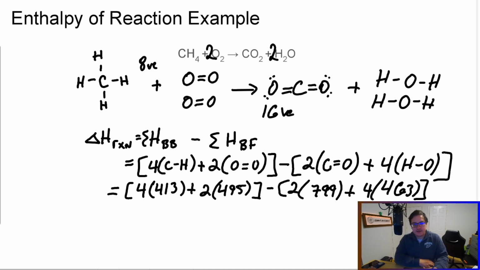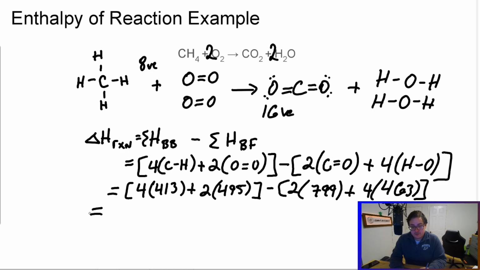Cool, we're looking good on time. We should be able to get all of these example problems done in 1 class period. So in parentheses, 4 times 413 plus 2 times 495, minus 2 times 799 plus 4 times 463.